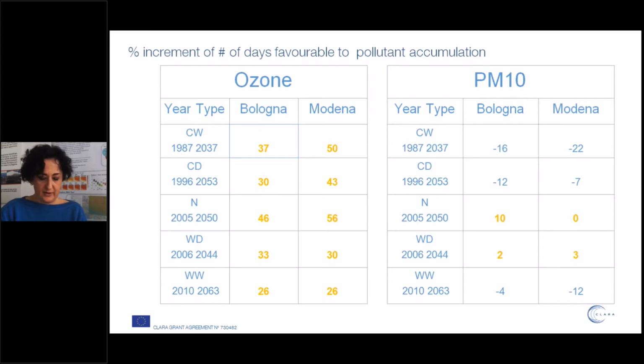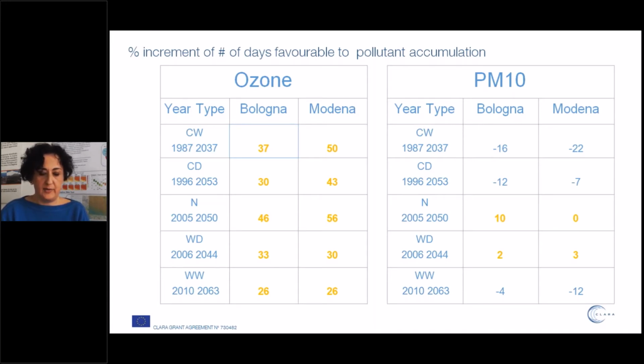The first table shows the results for ozone. The percentage increment is positive for all the weather types and for both cities. The range is between 26 and 46% for Bologna and between 26 and 56% for Modena.